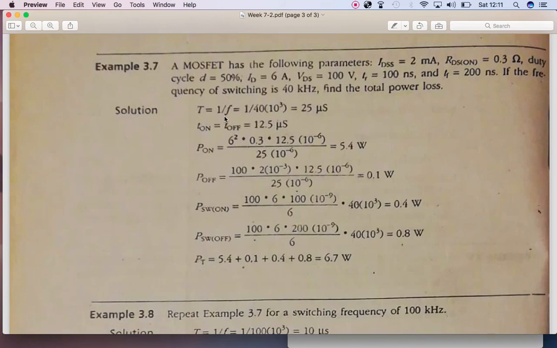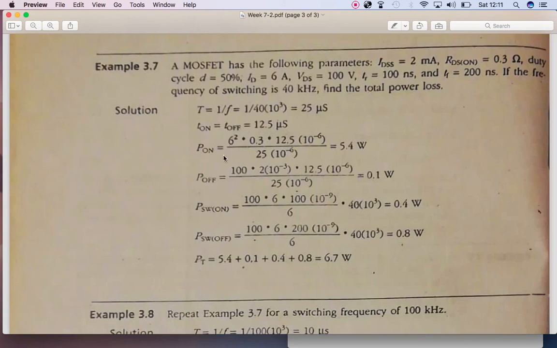We have to aggregate all these values to calculate the total power loss. So here we have the frequency of operation, we take the reciprocal, and we have calculated over here the total time period value, as we already know that the time period is equal to T on plus T off. We have the duty cycle, which is 50%, so the T on time will be equal to the T off time, and it will be this divided by 2, and this is equal to both of these times.